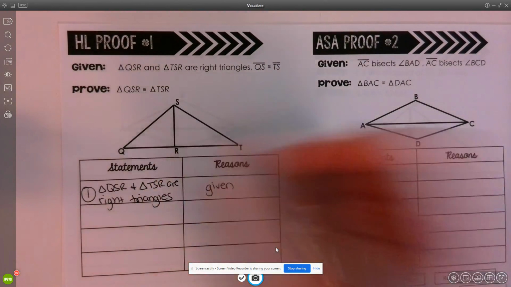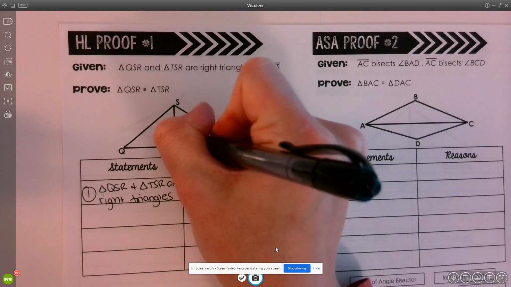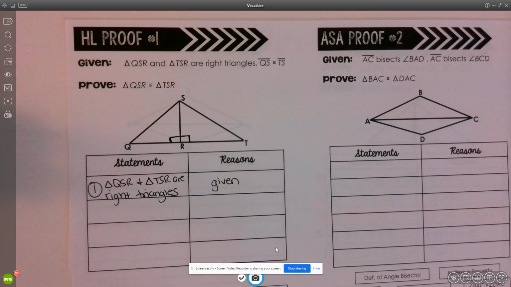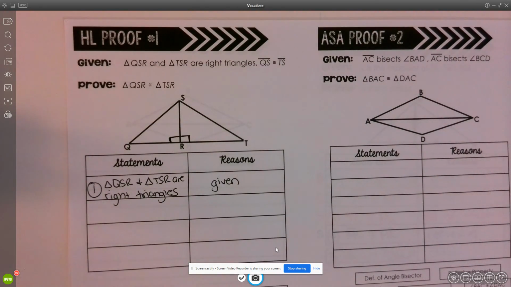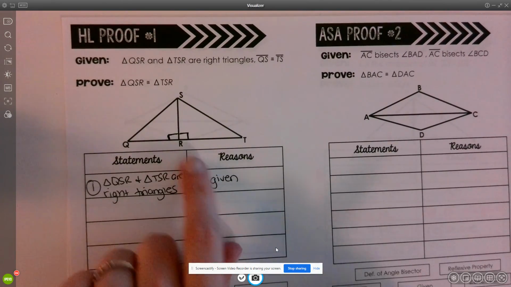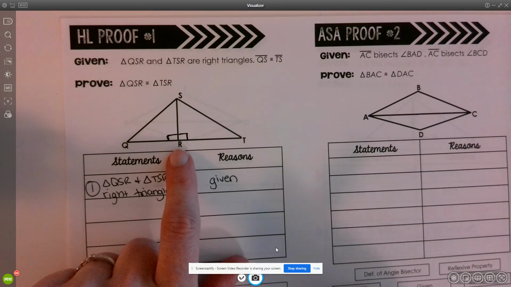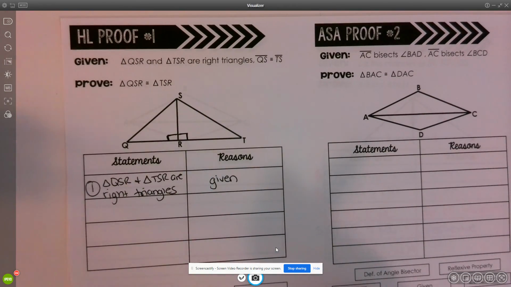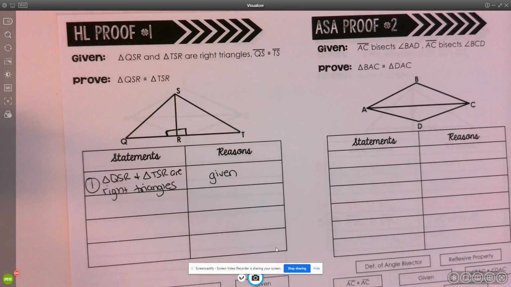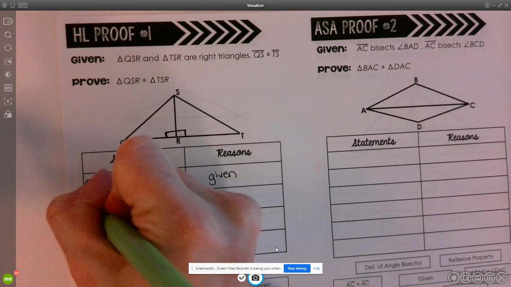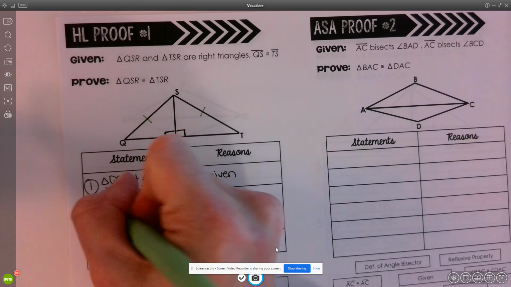And so if we look at our two triangles, we can tell that these are going to be the right angles that make a right triangle. So this already kind of gives us a hint that we're going to possibly need to use our hypotenuse leg theorem because we're working with right triangles. We are also given that line segment QS is congruent to line segment TS.